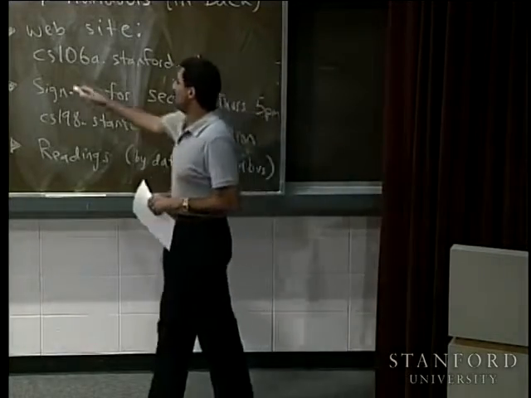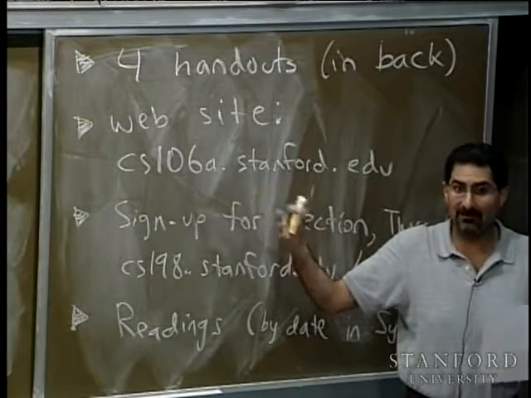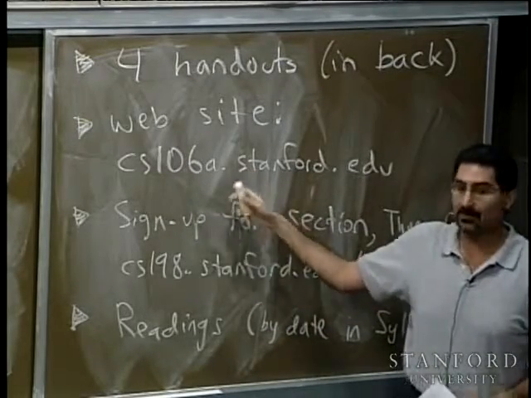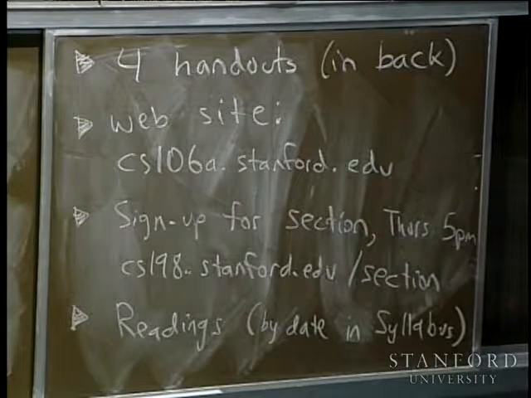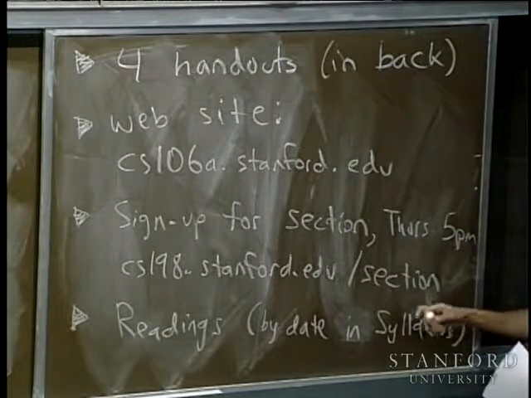A couple other quick announcements. The website, in case you weren't here on Monday and you don't know what handouts I'm talking about and where to get them, go to the class website, cs106a.stanford.edu. There will be electronic copies in PDF format of all the handouts there, so you can get caught up if today's your first day. You also need to sign up for a section.